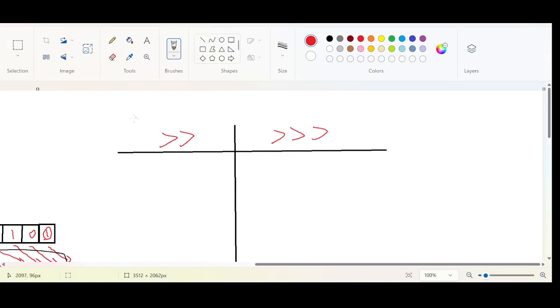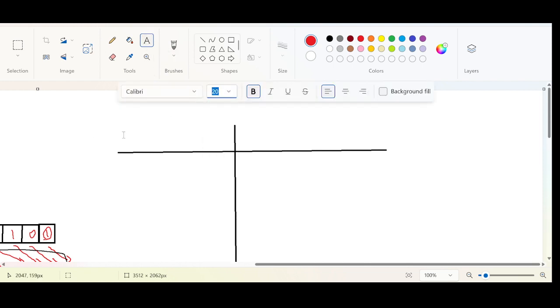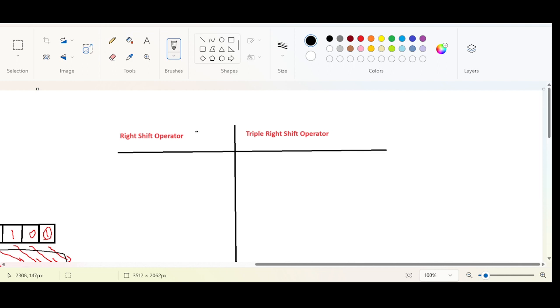Instead of writing it like this, I can write: difference between the right shift operator and the triple right shift operator. These are the symbols: right shift, triple right shift.